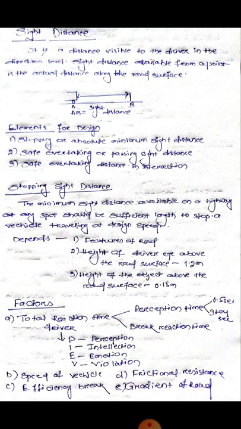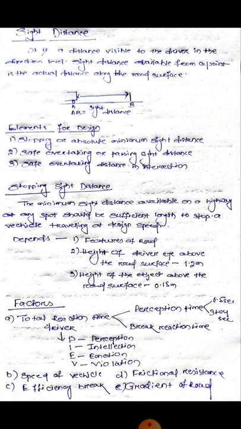The minimum distance between the vehicle and the object is called stopping sight distance. Stopping sight distance depends on features of the road. The height of the driver's eye above the road surface is 1.2 meter, as IRC recommends. The height of the object above the road surface is 0.15 meter.